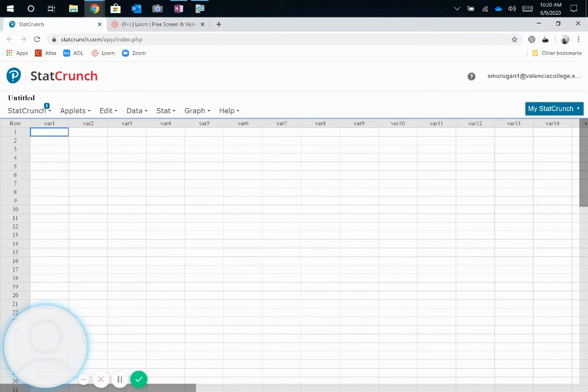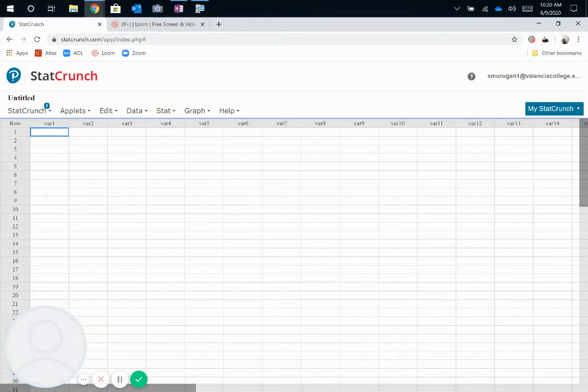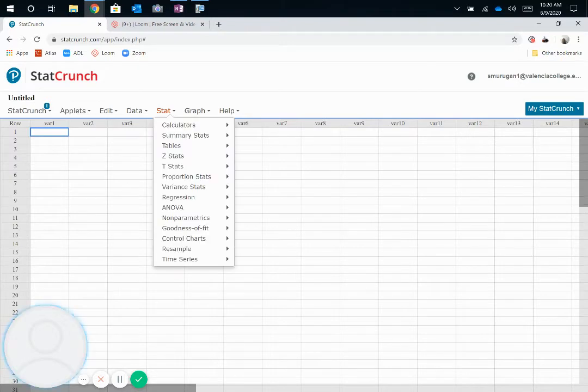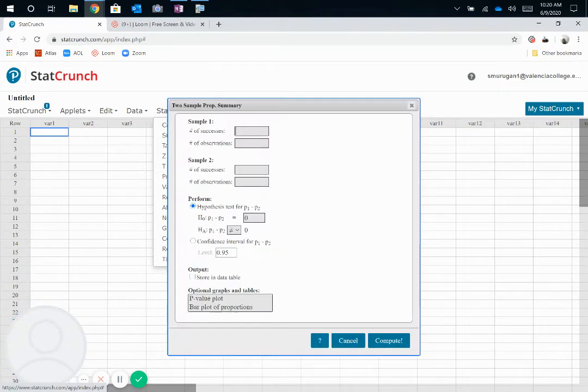Okay, sign into your StatCrunch, and you want to do Stat, Proportion Stats, Two Sample, with Summary. Oop, this is acting really strange.